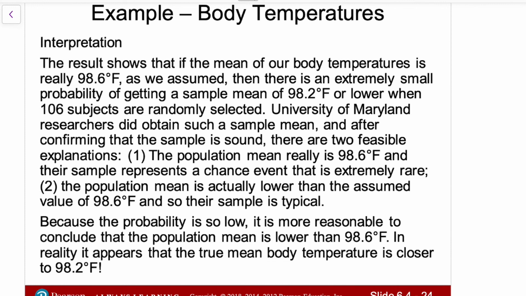that the University of Maryland actually did such a sample. They got a body temperature much lower than 98.6 degrees. They found a sample mean of a group of 106 subjects to be 98.2. That means our original hypothesis that the body temperature is really 98.6 degrees must be false.